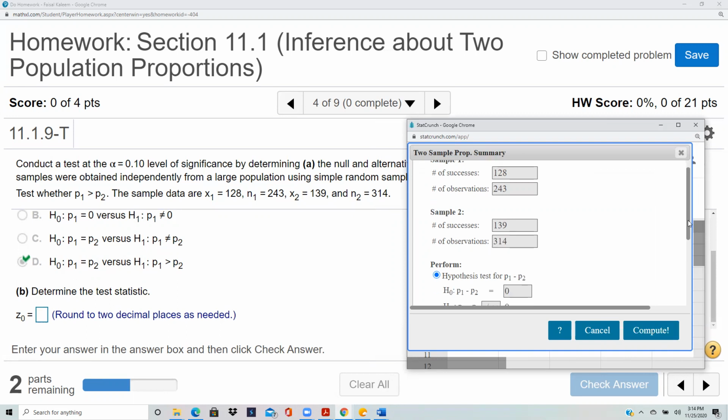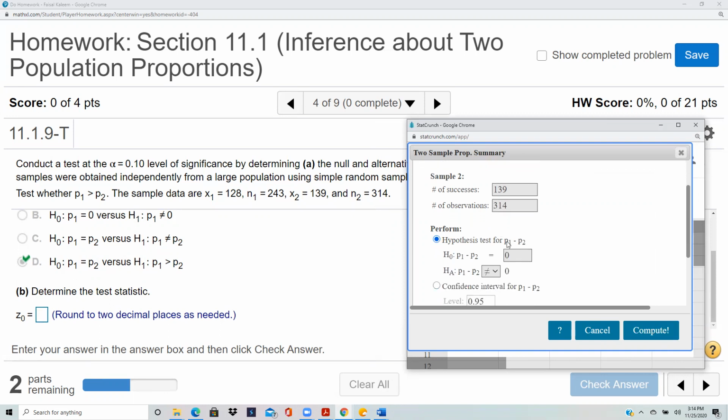And you have to perform, so they write it as P1 minus P2 is equal to 0, which is the same as P1 is equal to P2. And then in the alternative, we have a greater than sign.